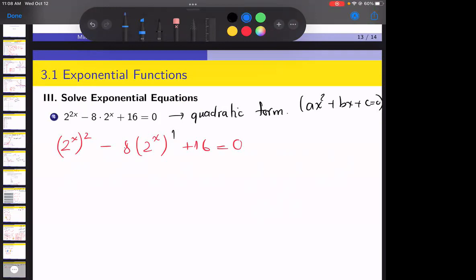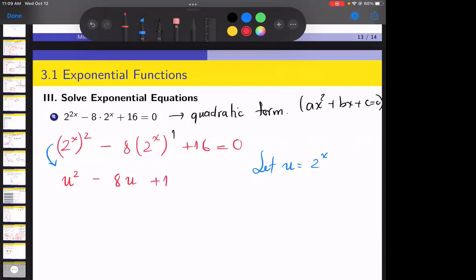Let me write one more time. I'm gonna let u equal 2 to the x. So everywhere I see 2 to the x, I replace it with u. So this becomes u squared minus 8u plus 16 equals 0. Like I said, you don't have to write that little first power.